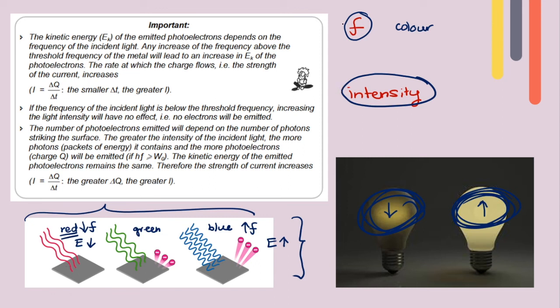By increasing the frequency of the light, you increase the total energy. Remember, the energy of your photon will equal the work function plus the kinetic energy of the electron. When the energy is in excess, higher than the work function, we end up with kinetic energy. So when you increase the frequency, this is hf, if you increase the frequency, you increase the energy, and you therefore increase the kinetic energy of the electrons.